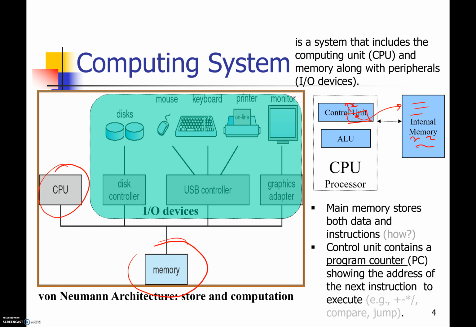This architecture is known as the von Neumann architecture, and it might be a good idea to learn about the person who came up with that idea, who designed the CPU or the processing unit in a much more general sense, and then stored the instructions in the memory. So now you can store any type of instruction in the memory, and the CPU will be able to perform those things.